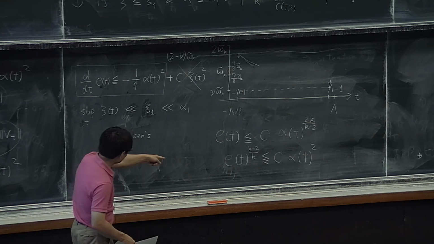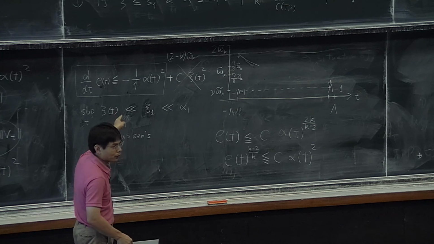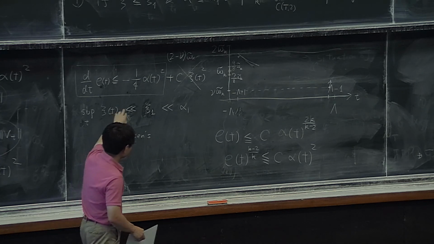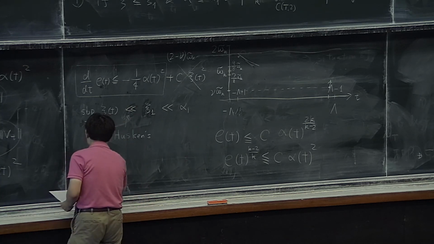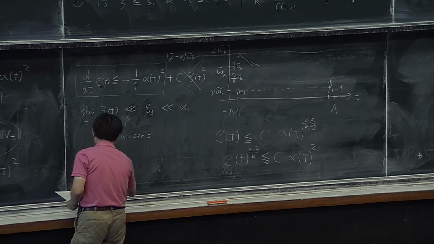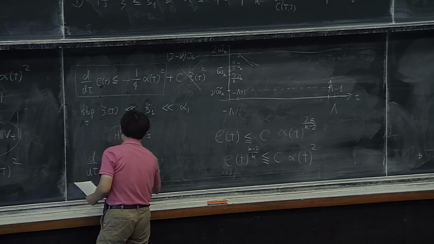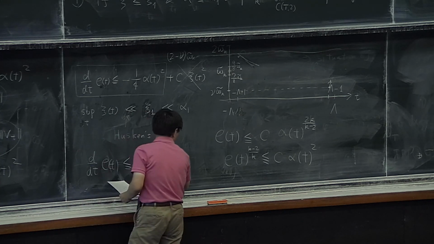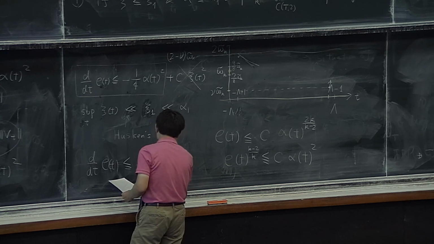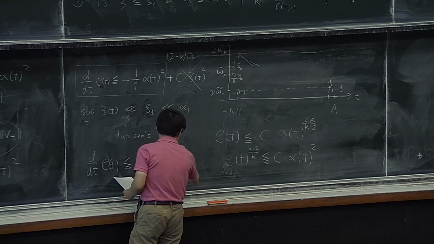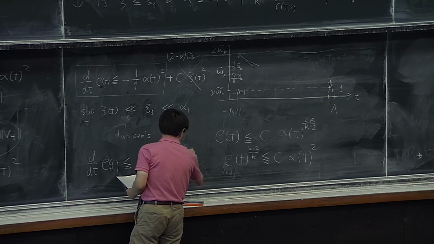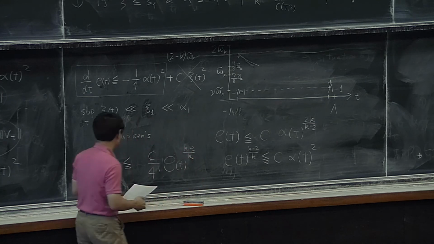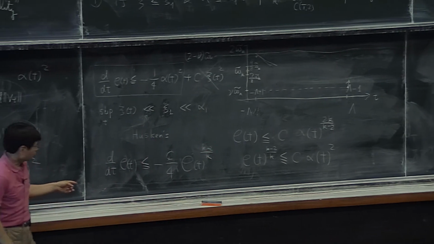Now use that in this differential inequality. You plug that in, then you get this differential inequality: d/dt of et is less than or equal to minus 1 over 4 e to the constant k minus 2, with some error.